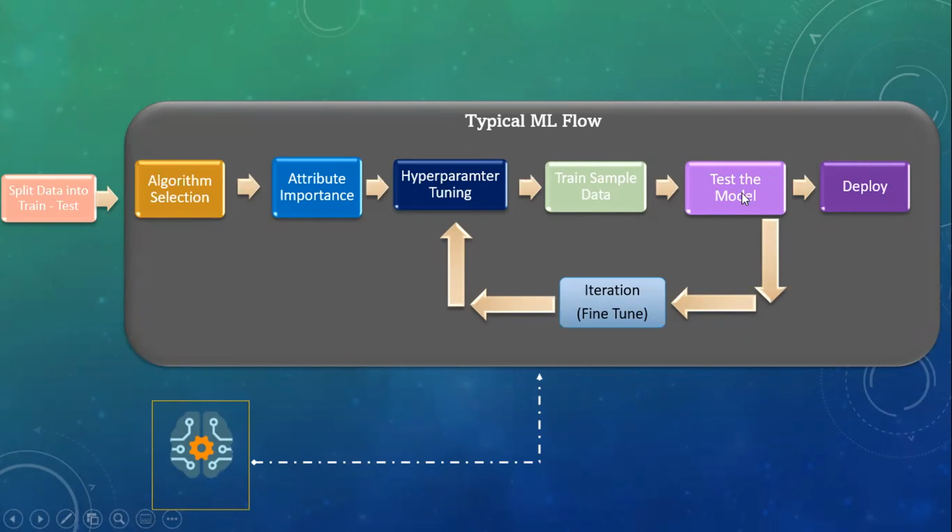Testing the model in the first go may not give you the exact results or the exact accuracy that you intend. Then you have to keep on doing this activity in a loop until you reach a conclusion that, okay, this is the algorithm that I have to select, and this is my final machine learning model that I want to take forward.